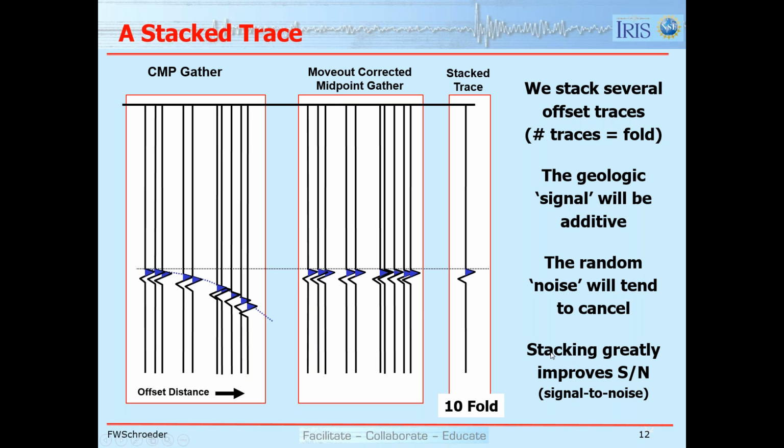So by stacking multiple traces with different shot receiver offsets, that greatly improves the signal to noise ratio of our data.